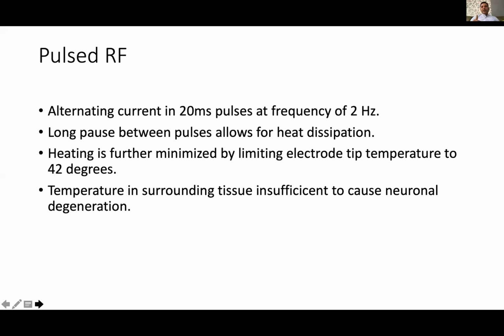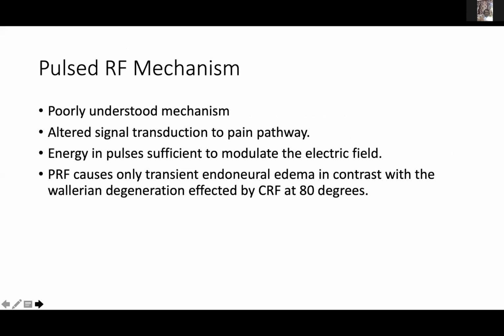So the temperature in the surrounding tissue is insufficient to cause neural degeneration in pulse RF. The mechanism is not very finely understood in pulse RF, and there is altered signal transduction to the pain pathway. Pulse RF causes only transient endoneural edema, in contrast to Wallerian degeneration by conventional RF.